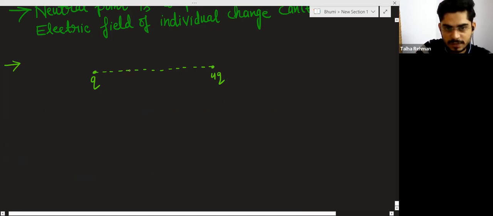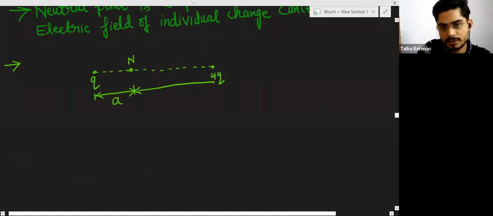In this case, the neutral point will lie near the smaller charge. Suppose this distance is A and this distance is B, where B is greater than A, so N is the neutral point.